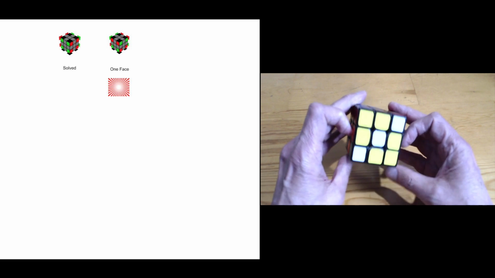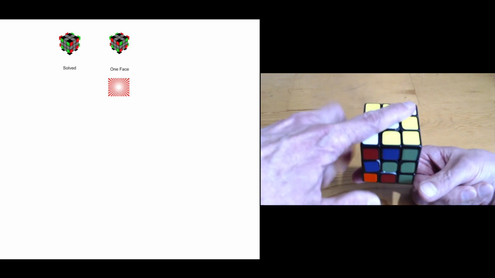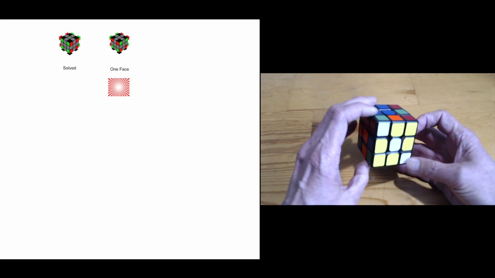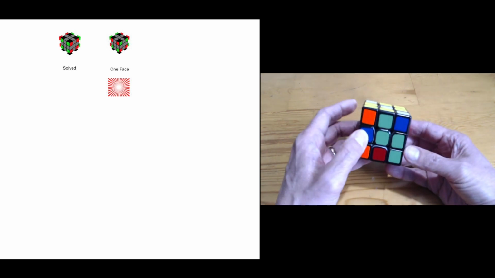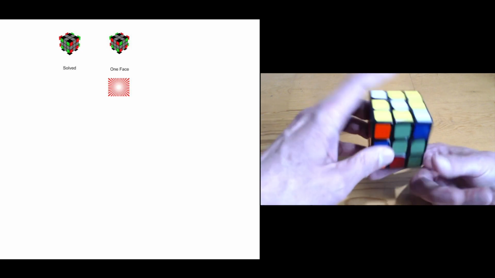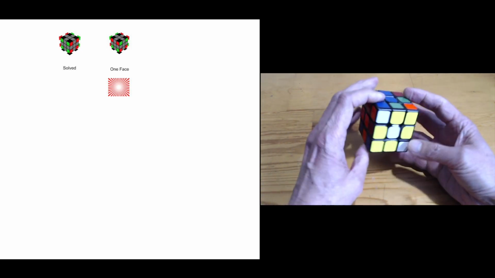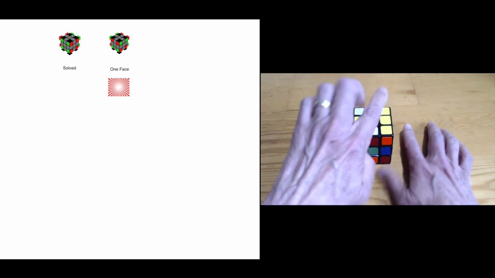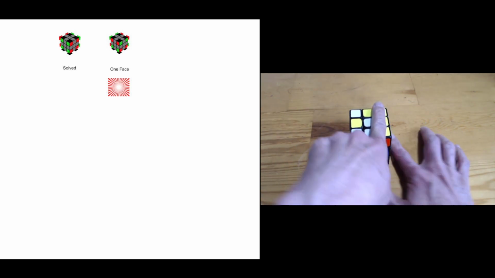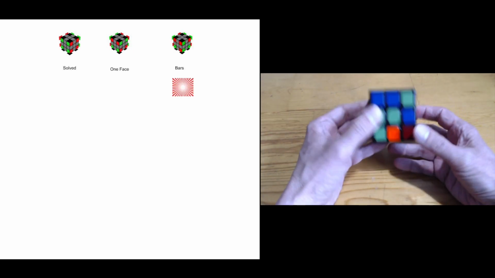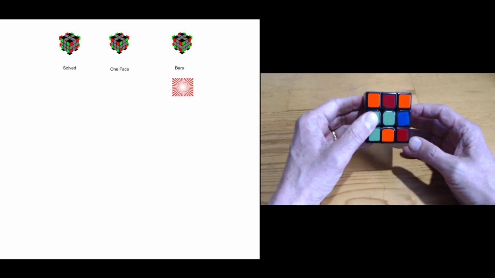If I split them 2-2 this way, so this is the diagonal that we saw before, now a U-turn actually keeps me in the same state. So I still have these 2 diagonal bad corners after a U-turn if they're in this configuration. If they're in this configuration, those are my bad corners now, then a U-turn gets me to this configuration.